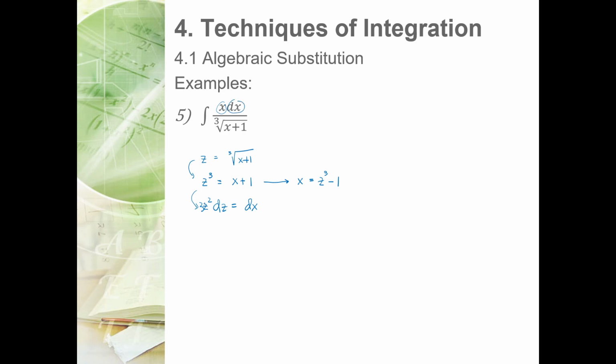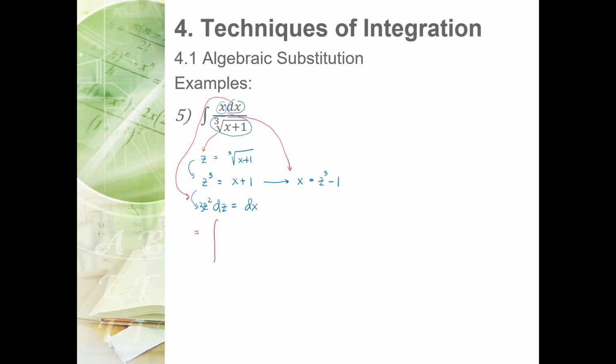We can replace it with 3z squared, then the cube root of x plus 1 is replaced by z.